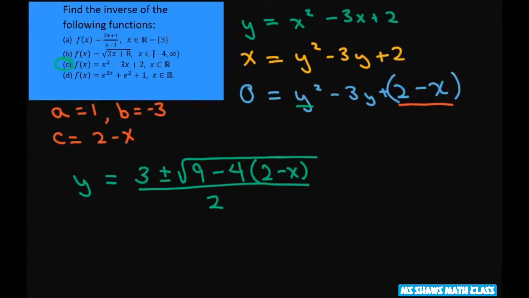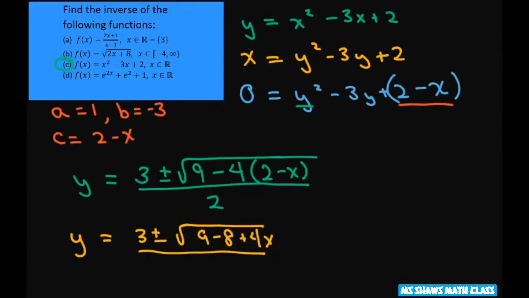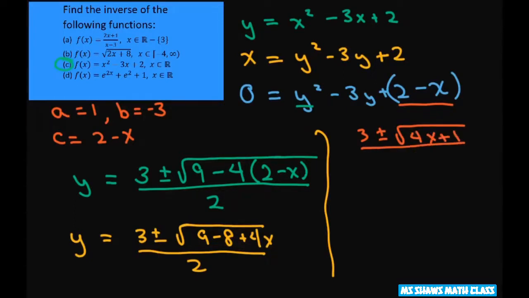So that's just 2. Simplifying, we get y equals 3 plus or minus square root of 9 minus 8 plus 4x divided by 2, which gives us 3 plus or minus square root of 4x plus 1 divided by 2.